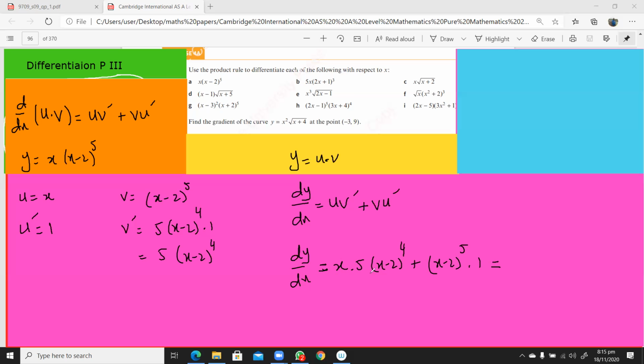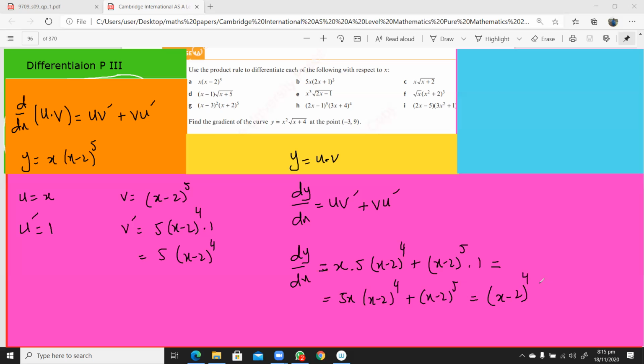What is common in these two expressions here? If I write it as 5x into (x minus 2) raised to the power 4, and this is (x minus 2) raised to the power 5, what is common here? Yes, (x minus 2) to the power 4 is going to be common here.